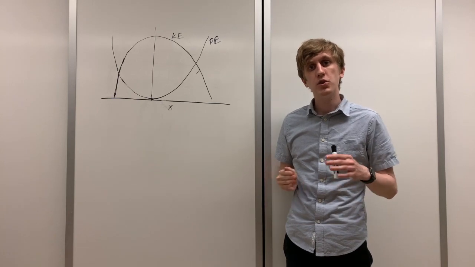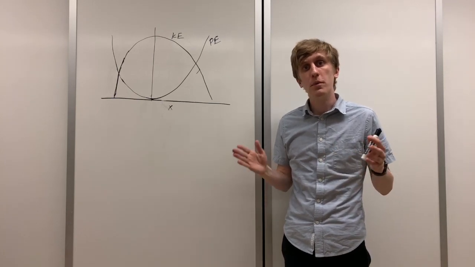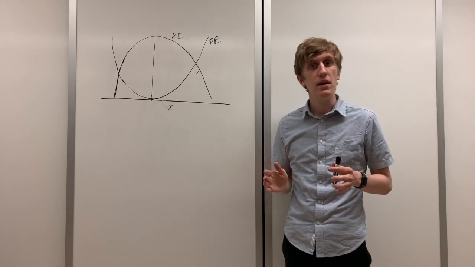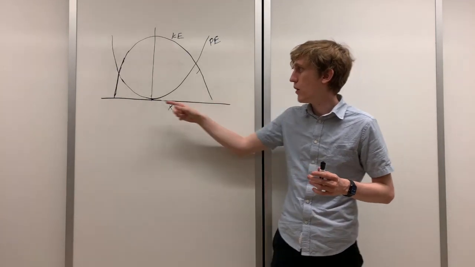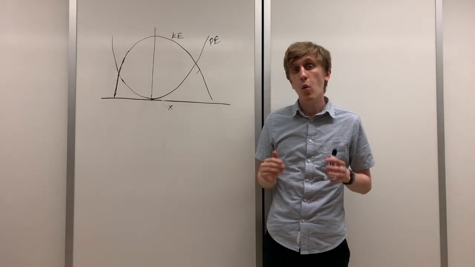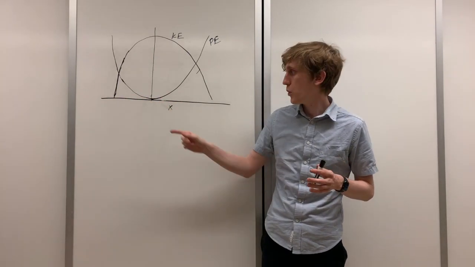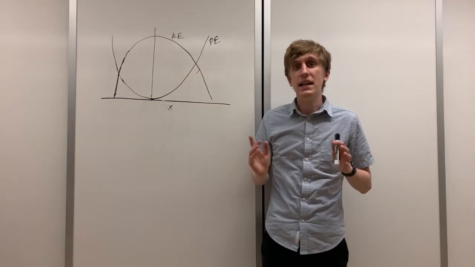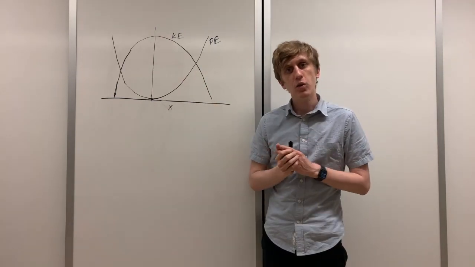Also, when the spring is stretched to its maximum length, or compressed to its minimum length, it stops moving for a moment. This is why the kinetic energy is zero at these far points. When there's no potential energy, in other words, when the spring is at its equilibrium distance, the kinetic energy is at its maximum.